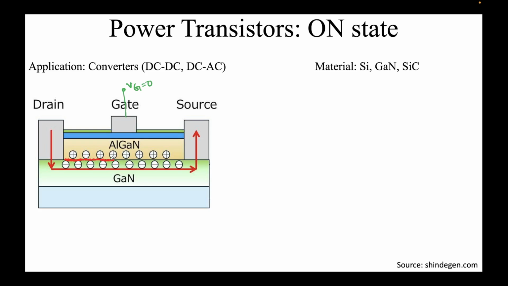This is very similar to the inversion layer that we formed in a MOSFET. Okay, and if you apply a bias between drain and source, you can have a flow of current, which is depicted by this. So these are the electrons, also known as two-dimensional electron gas, as I have written in the previous slide.